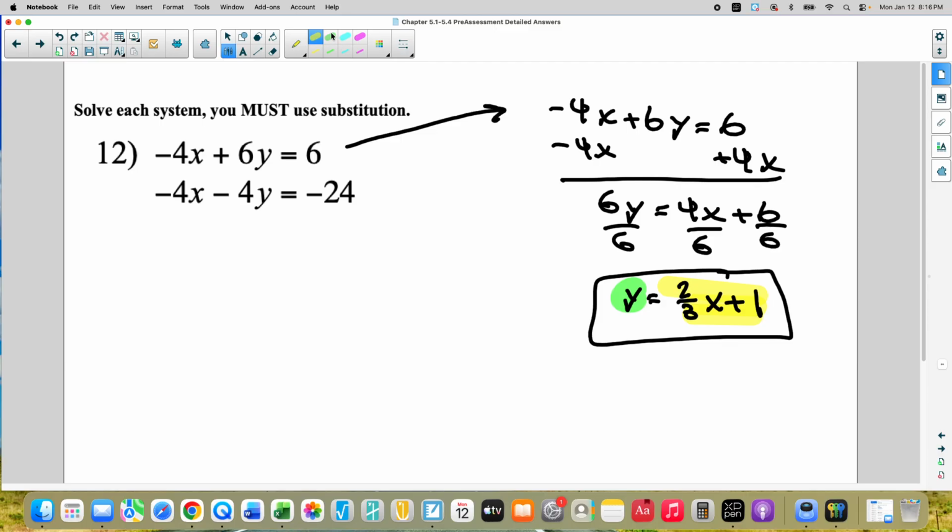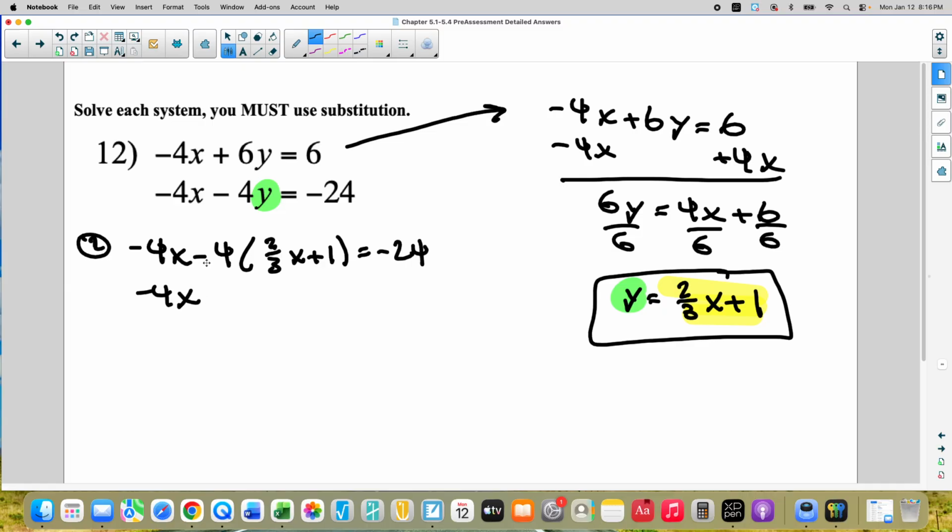And where I see a y in the other equation, I'm going to put 2/3 x plus 1. So we're going to have that second equation, -4x minus 4, and instead of writing y, we'll write 2/3 x plus 1, equals -24. -4x. We're going to distribute this. Yikes, that's going to be ugly.